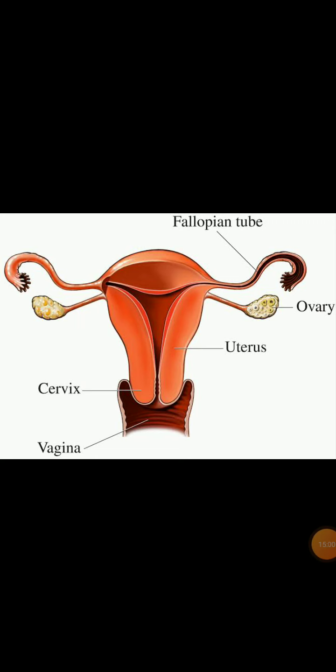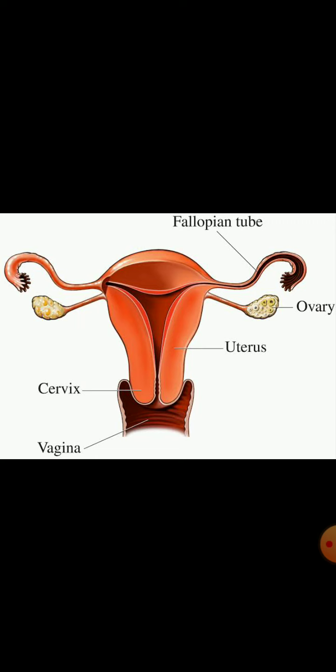As we have discussed earlier, each ovary prepares a matured egg every month, turn by turn. The same way, every month the uterus will prepare itself to nurture the embryo. Whether the fusion of sperm and ovum has taken place or not, every month the uterus will prepare itself.